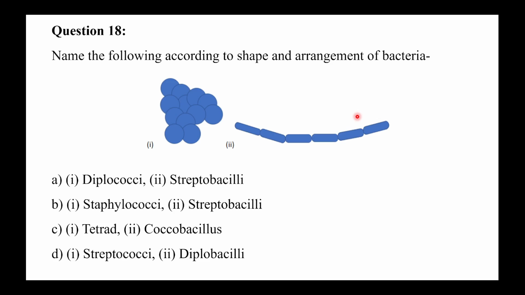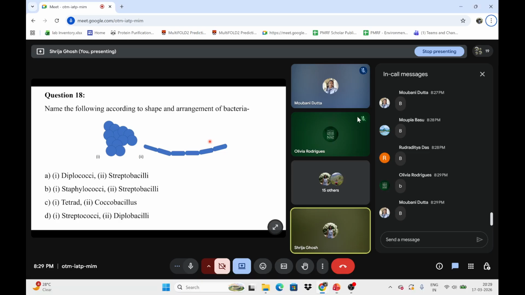Option C, first is tetrad, second is cocobacillus, and option D, first is streptococci, second is diplobacilli. What would be the correct answer? I can see option B in the chat box. Most of you have answered option B.